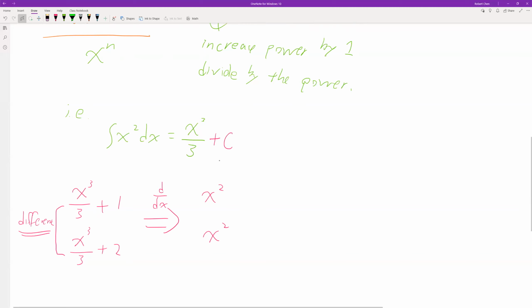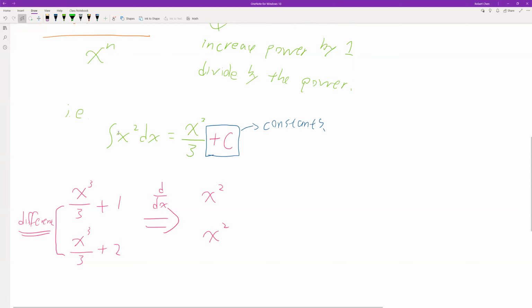So this plus c that we have allows us to take into account different functions with different constants. That plus c is going to affect the constant in the antiderivative, so we have to include it.